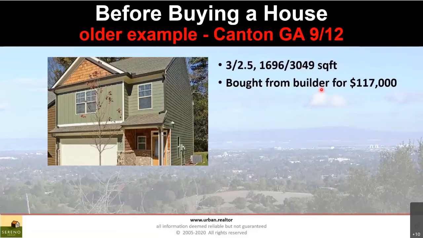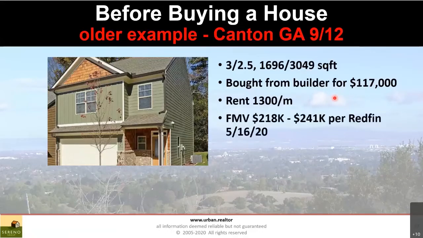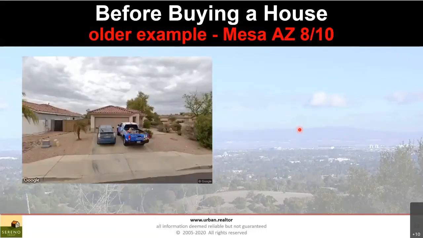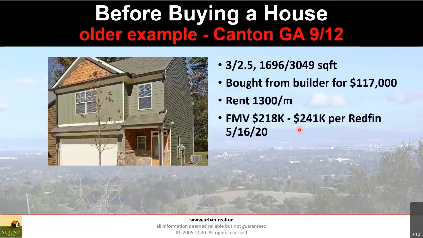We bought it from the builder for $117,000. It rents today for about $1,300 a month. Fair market value as of last month was roughly between $220,000 and $240,000. So this is one of the examples.